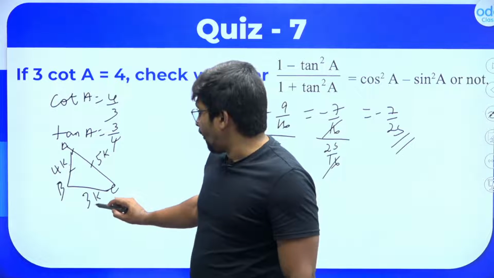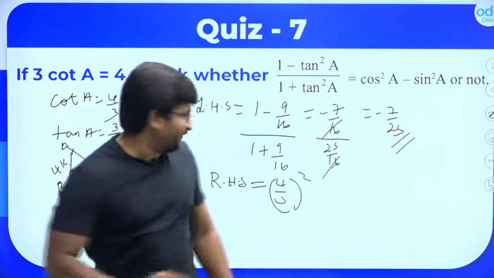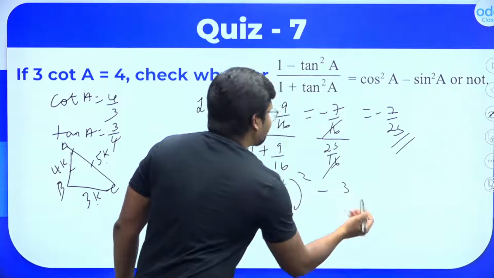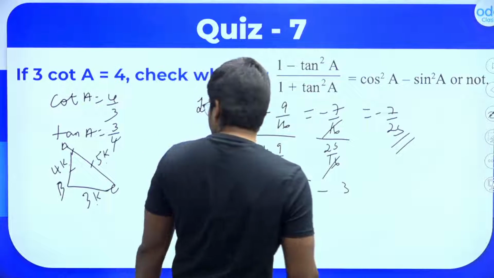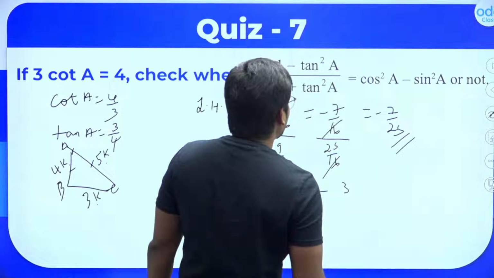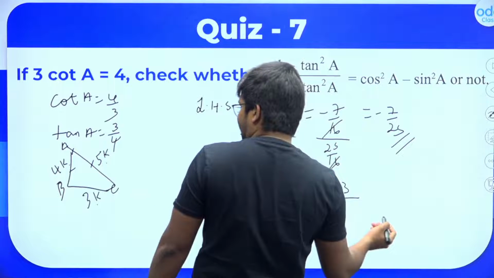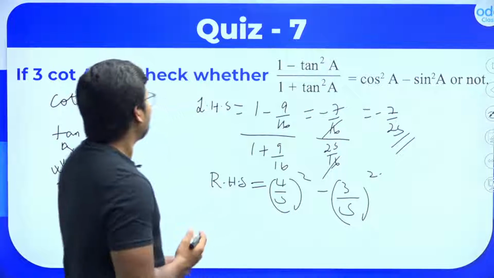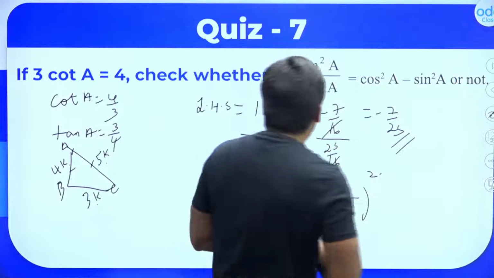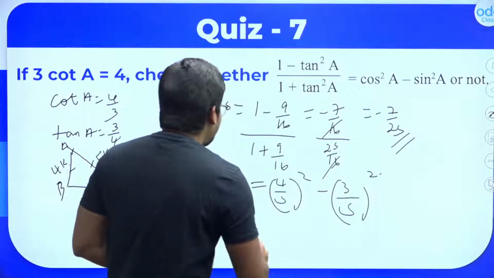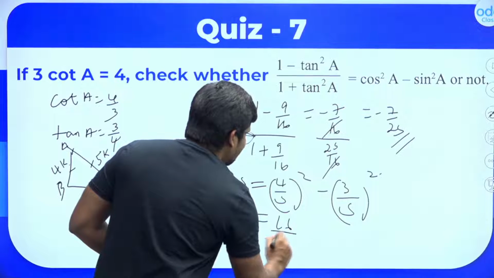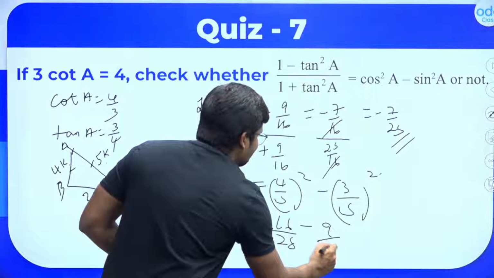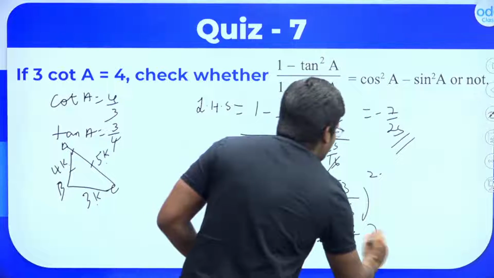Sin A is opposite side by hypotenuse, which is 3 by 5. So minus 3 by 5 the whole square. This is what you have. Correct or not? This is what we have here, right? So that is equal to 16 by 25 minus 9 by 25, which is 7 by 25.